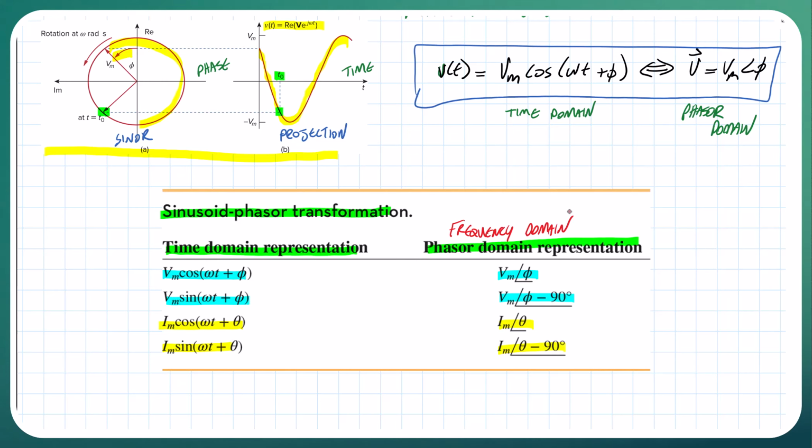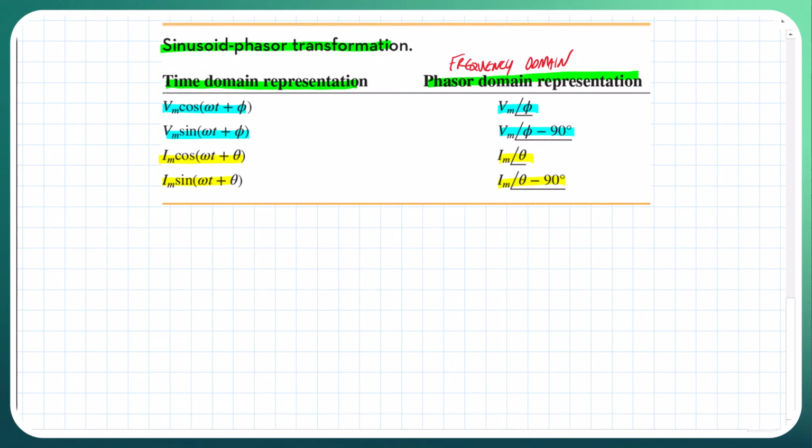We can do a couple more things here. We can apply a derivative to the phasor. If we have dv dt in the time domain, going back and forth gives us j omega V in the phasor domain.